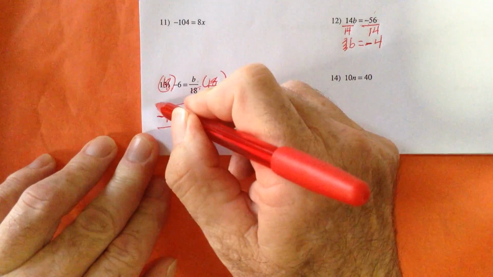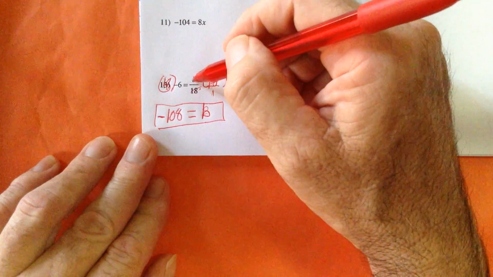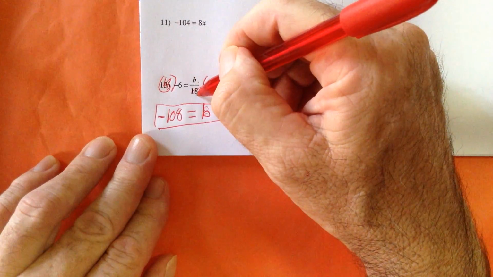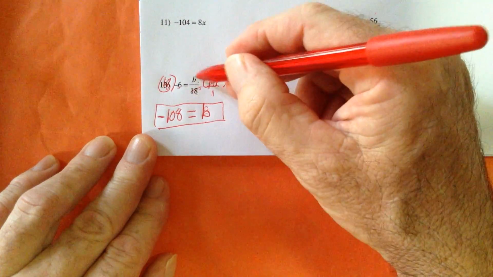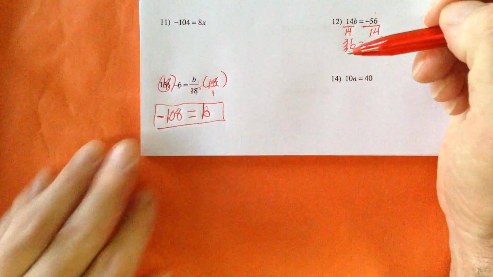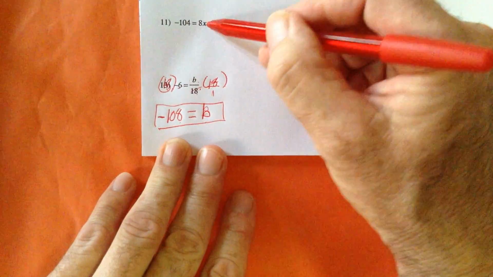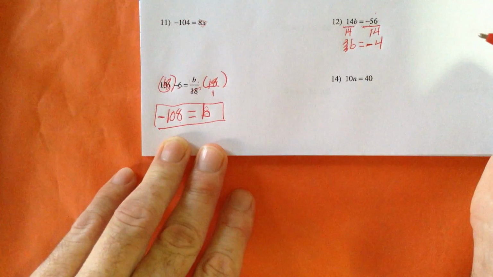If you go negative 108 divided by 18, it's going to come out to negative 6. So the missing number is going to be negative 108. So that's what you're trying to do. You're trying to find the missing number to make this a true statement. Okay?